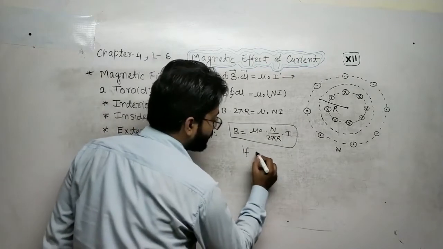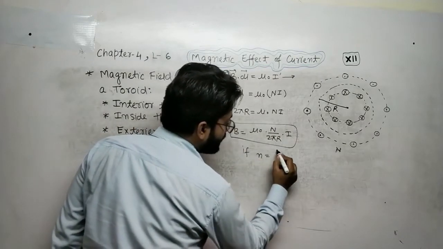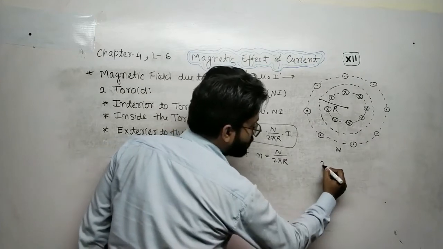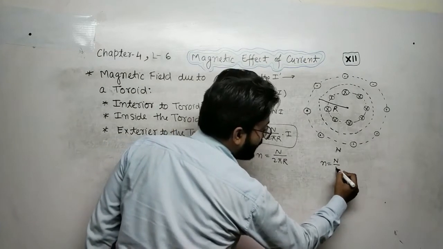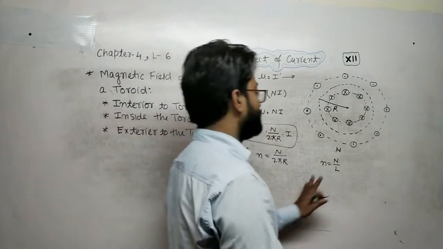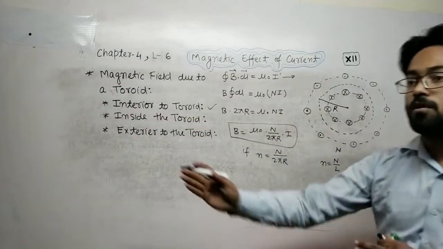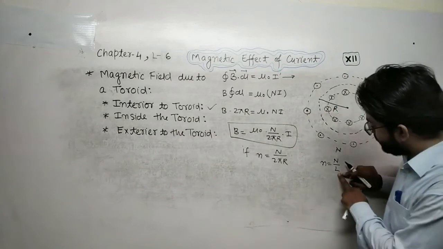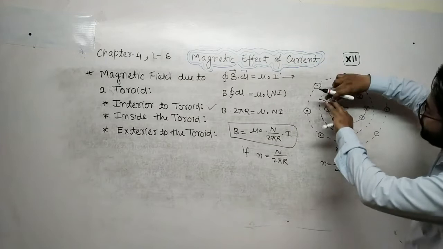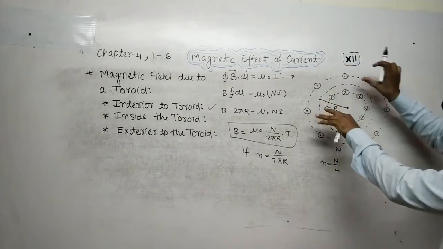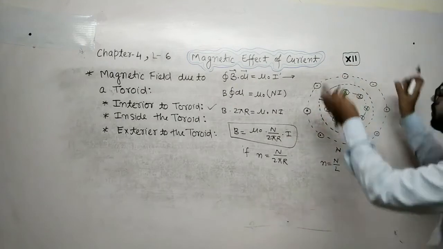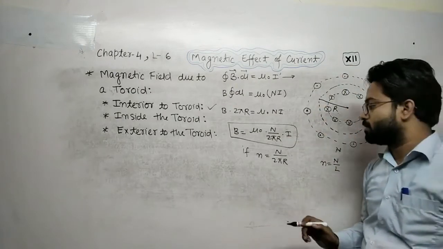If small n is capital N upon 2 pi r. In the solenoid we have taken capital N upon L because the solenoid was long and total length was L. But in the toroid the total length is equal to the circumference.